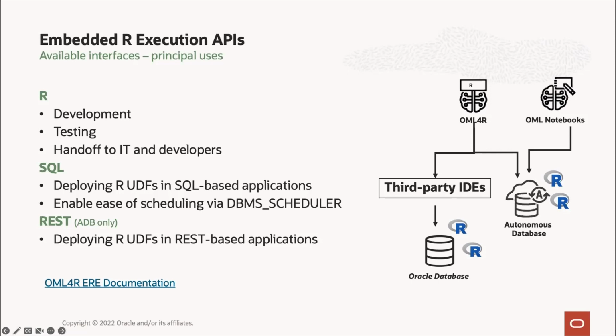The SQL interface is for deploying those R UDFs in SQL-based applications and conducting scheduling via the DBMS scheduler command. And the REST interface is used to deploy R UDFs in REST-based applications. We have a link as well for some additional documentation on that.